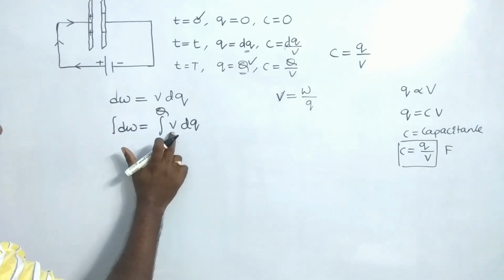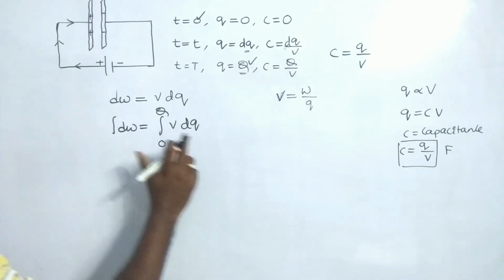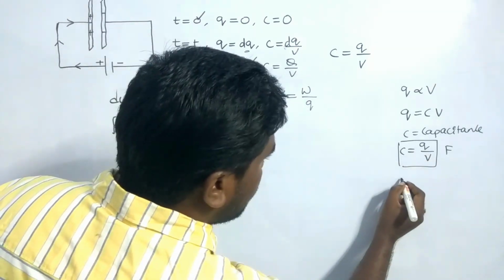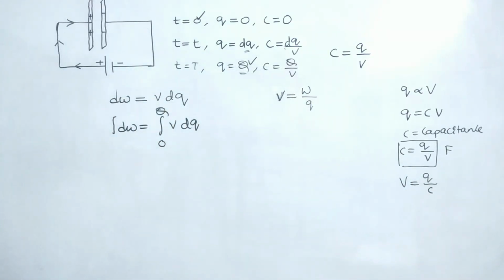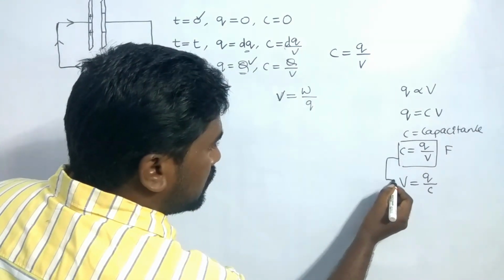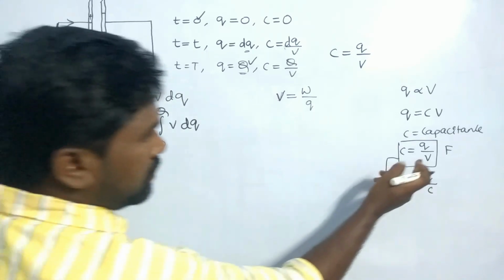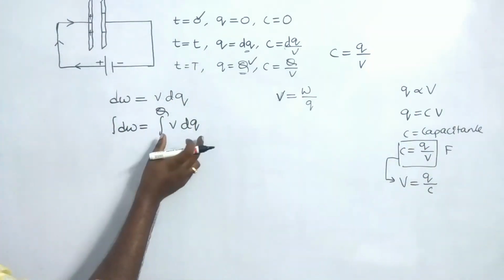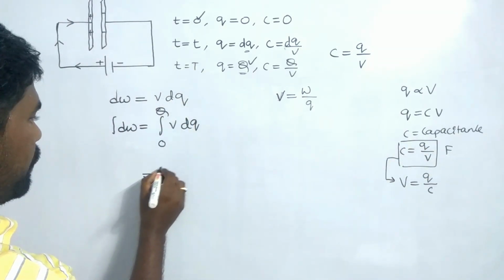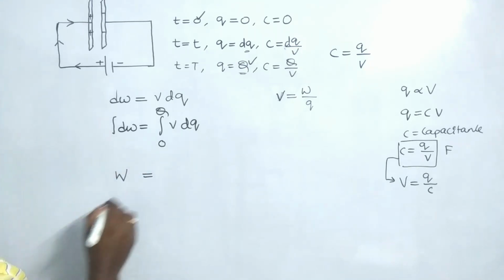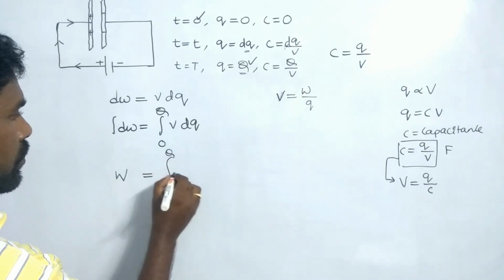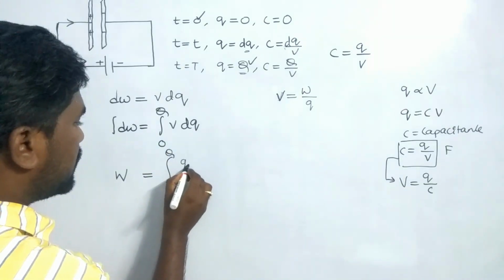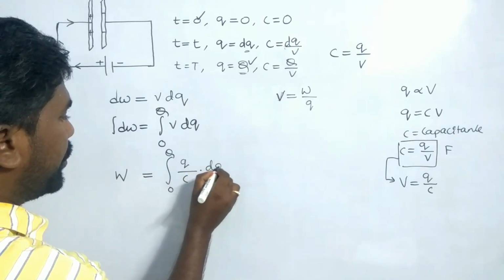From the definition of capacitance, V is equal to q by C. Let it be substituted here. Therefore, capital W is the integral from 0 to q of q by C into dq.